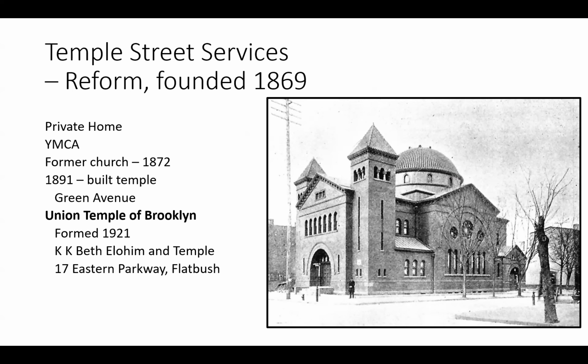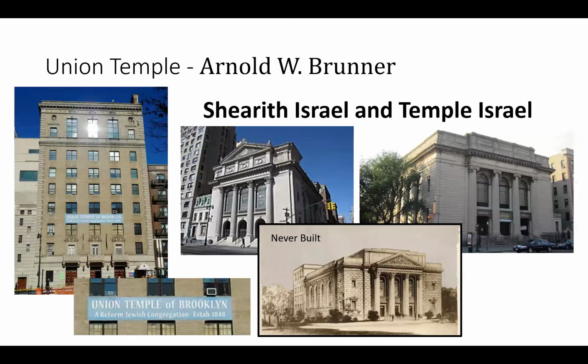And here we see what was called the Union Temple of Brooklyn on Eastern Parkway. Eastern Parkway is very famous in Brooklyn Jewish history because that is where today the Lubavitcher Group is located. So gradually, synagogues were being built.